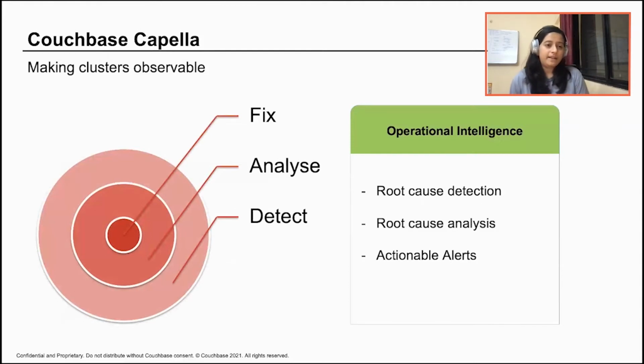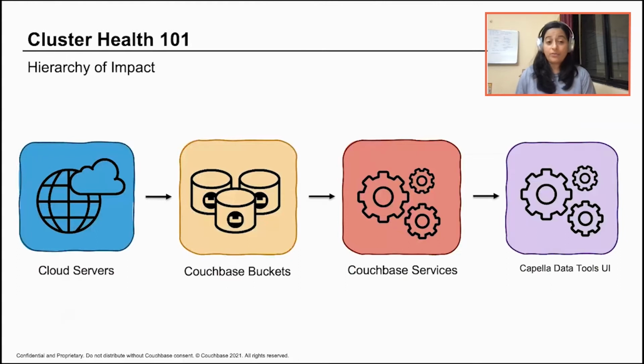At Couchbase Capella, the way we understand the overall health of the cluster is really simple. At the bottom of it, we see cloud servers, which are essentially servers or nodes, or physical nodes at the end of the day, which are deployed in your cloud provider. Within these servers, we have Couchbase processes running.